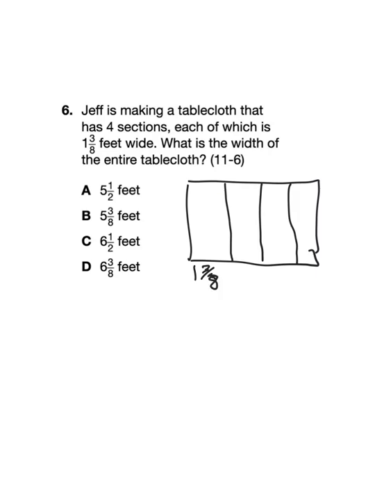Okay, so if this first section is 1 3/8, and our second section is also 1 3/8, and so is our third section, and so is our fourth section, what does that look like to you?